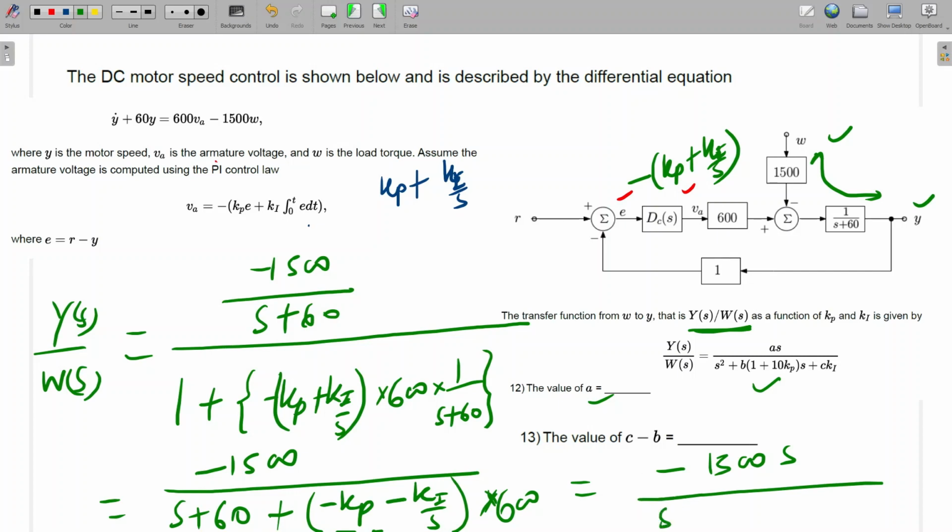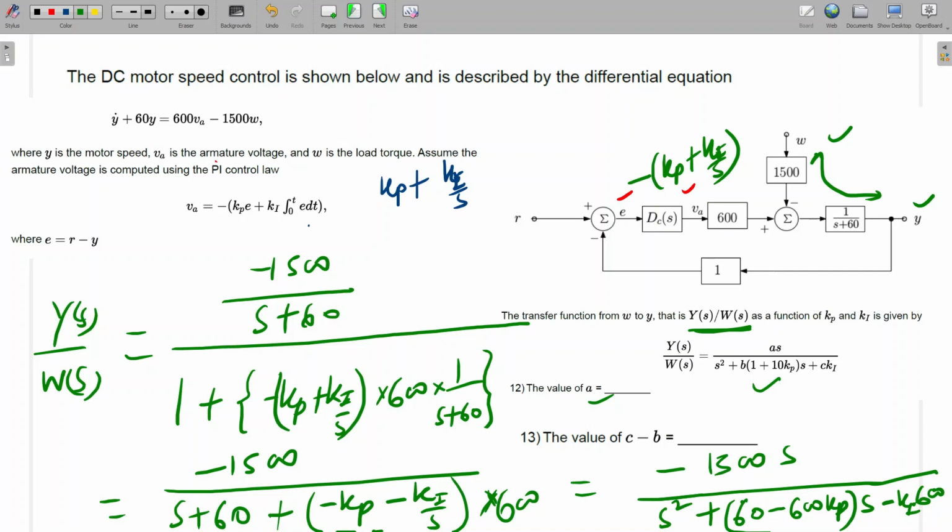The first term will be S square plus 60 S, then minus Kp into 600 into S, so 60 minus 600 Kp, into S, and the third term will be minus Ki into 600. Correct?